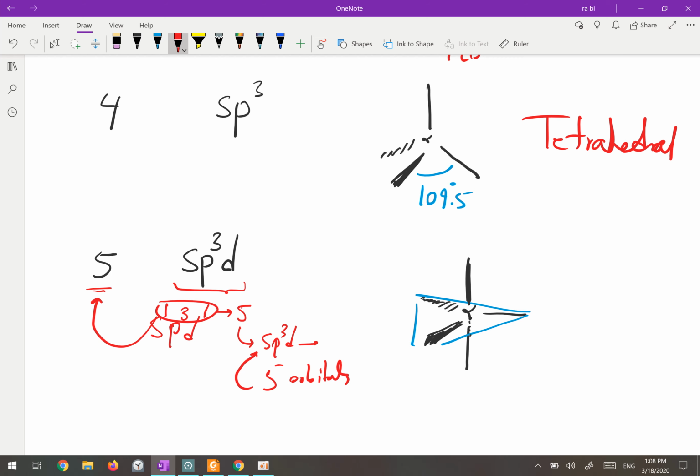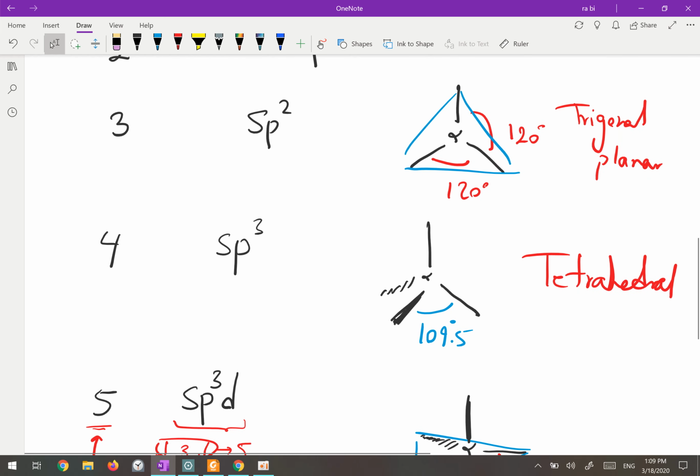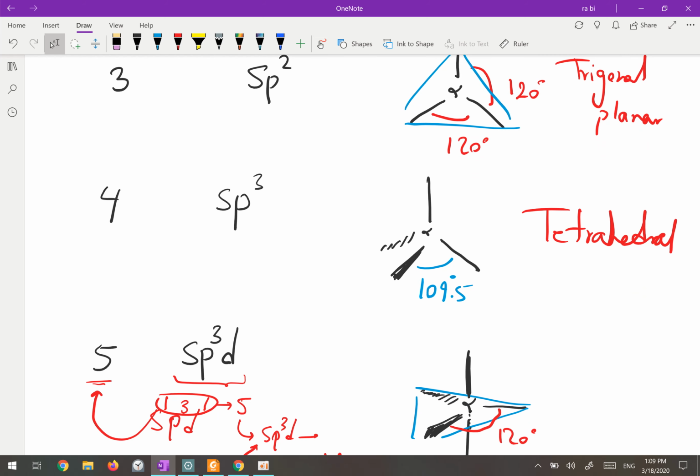So let's talk about the angles. The angle that you have between these domains in the plane, which is at the center of the molecule, is 120 degrees. So this one is the same as the trigonal planar. So at the center you have a trigonal planar arrangement here.